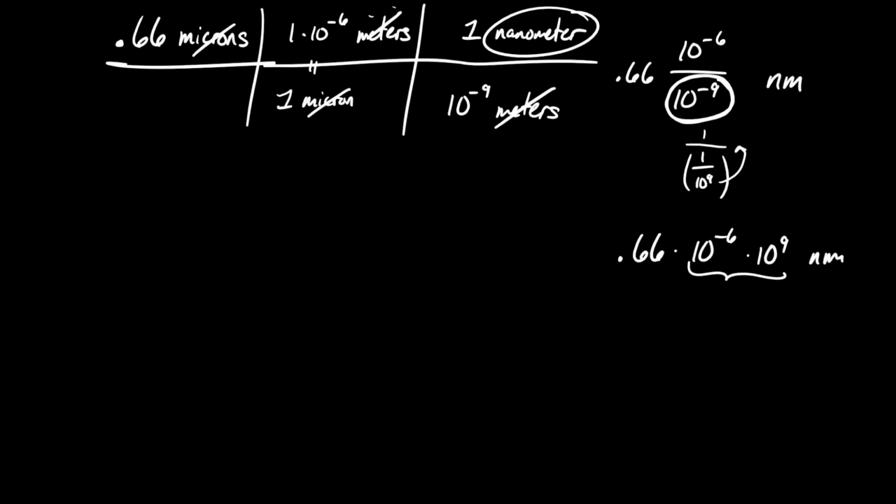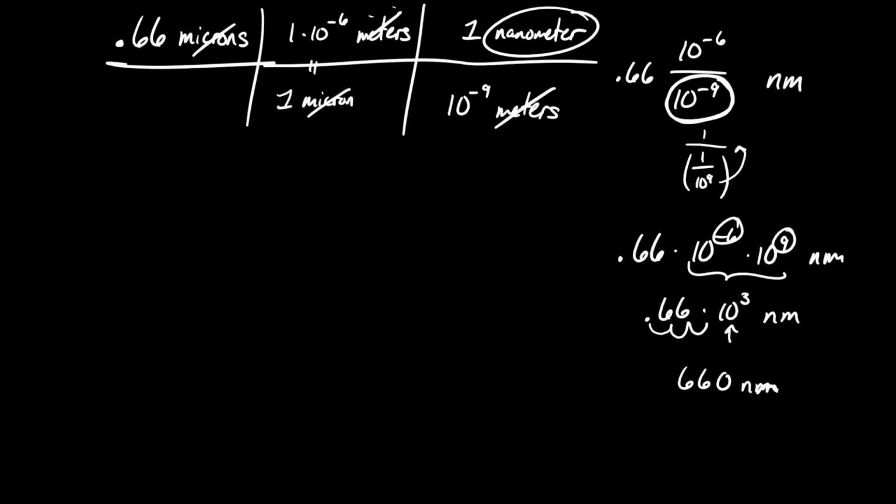Now again, remembering exponent rules, if you multiply two numbers with the same base and different exponents, you should add these exponents together. So we get 0.66 times 10 to the 3rd nanometers, which if you want to write this out, remember this is 1,000, which moves this decimal place over 1, 2, 3 places, so 660 nanometers.